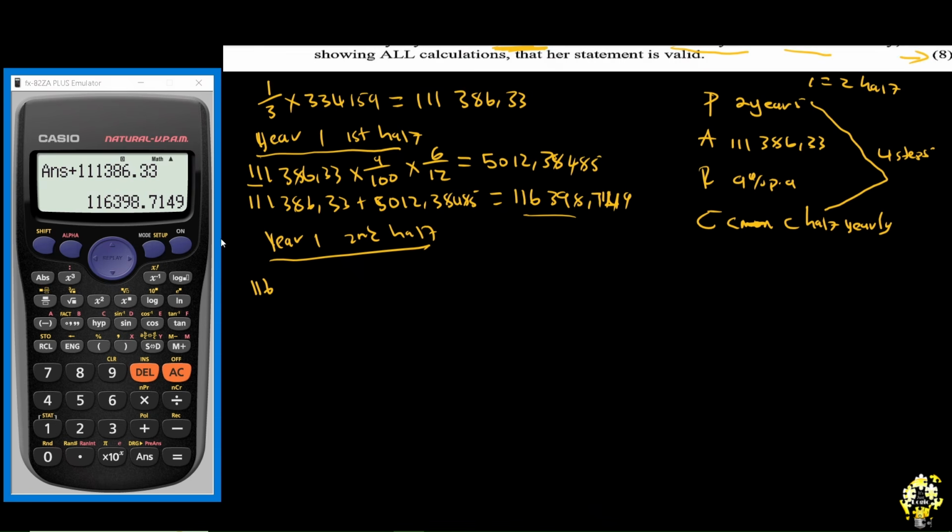So again, principal 116,398.7149. Multiply by 9/100. Multiply by 6/12. What do we get? Since it's already here, multiply by 9/100, and also multiply by 6/12. What do we get? So we get 5,237.942168.